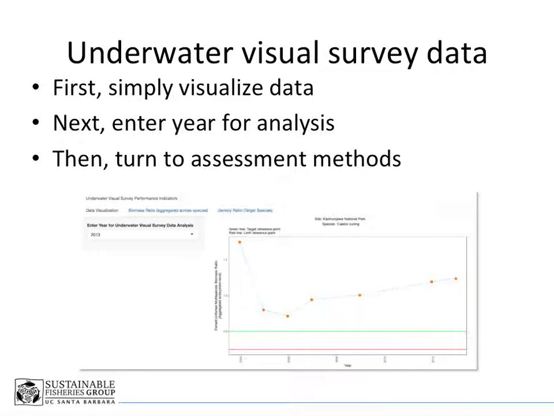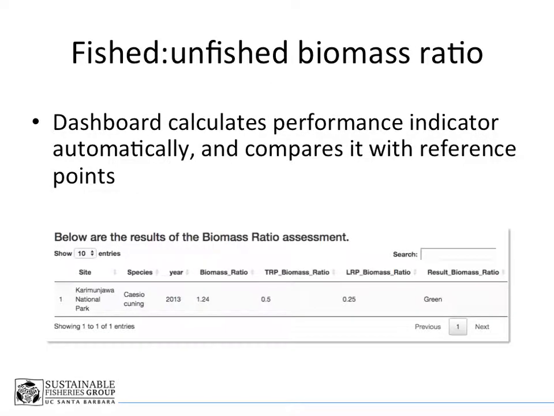Once we visualize the data, we enter a year for our analysis, which is usually the last year in our data set, and then simply turn to the assessment methods. These will be calculated for you. The first method is the biomass ratio. This is an ecosystem biomass ratio of fish to unfished biomass across all species.